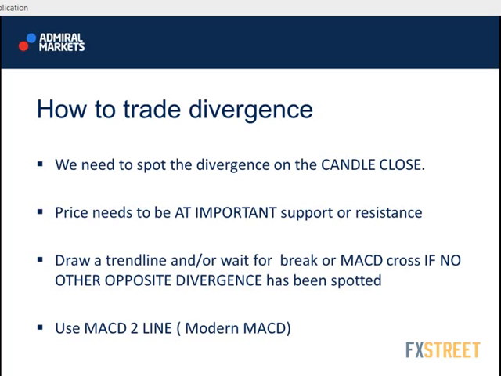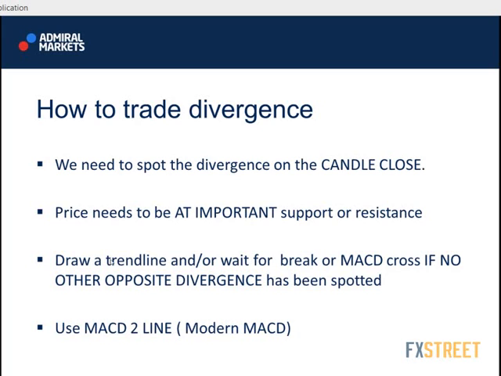You need to see the candle close. If you don't see the candle close, then you obviously cannot trade divergence, because divergence will not be shown properly on the leaving candle. So the leaving candle cannot show you the divergence properly. You definitely need to spot the candle close, okay?